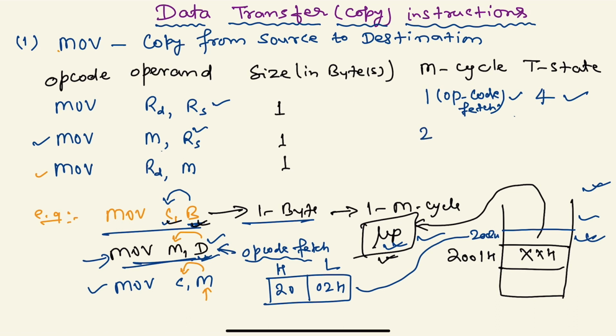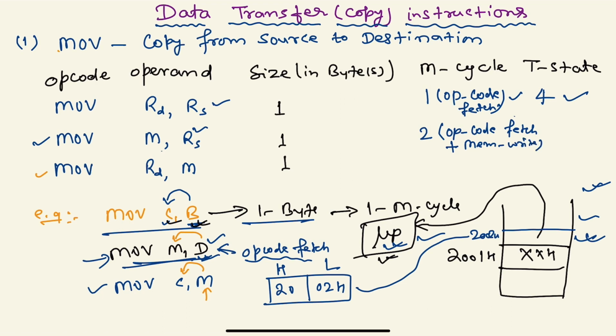And what are those operations? By default, the first operation is the opcode fetch operation. The second operation is storing the content of the D register, which is inside the processor, into the memory. Storing is called a writing operation, so the second operation is called a memory write operation.